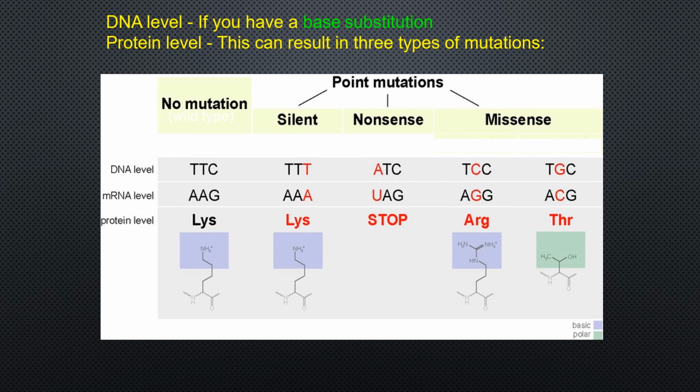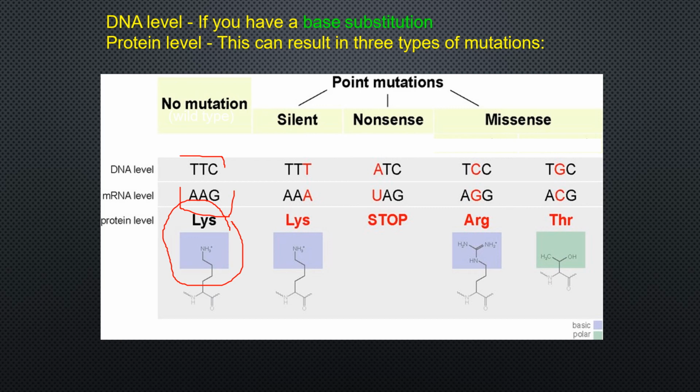So when there's no mutation, for instance, again we have our DNA TTC, mRNA level complementary would be AAG, and that results in a lysine amino acid.